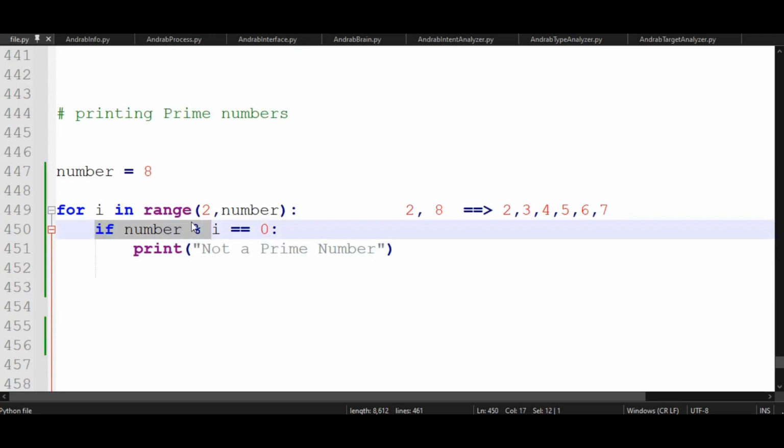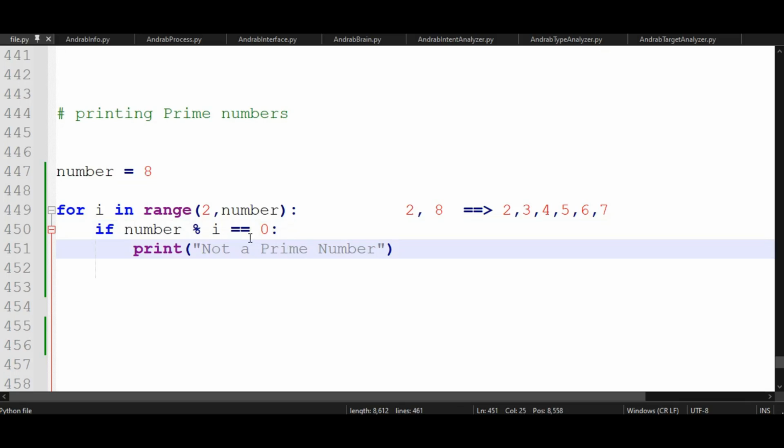If a number, that is this 8, is divided by any one of those numbers, that is this, it means the division of number and I gives us remainder 0, then the two numbers can be divided. This line here, number percent I, means that the division of those two gives us remainder 0. This means that the number can be divided by this I.